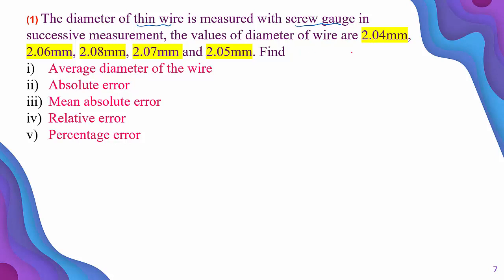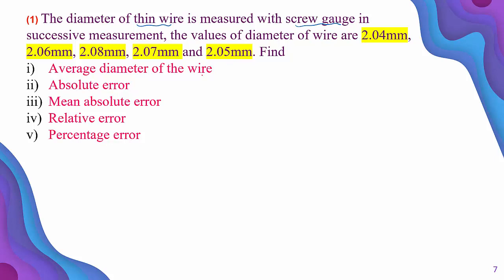So we have the following readings here, that is 2.04 millimeter, 2.06 millimeter, 2.08 millimeter, 2.07 millimeter and 2.05 millimeter. So totally we are having 5 readings.